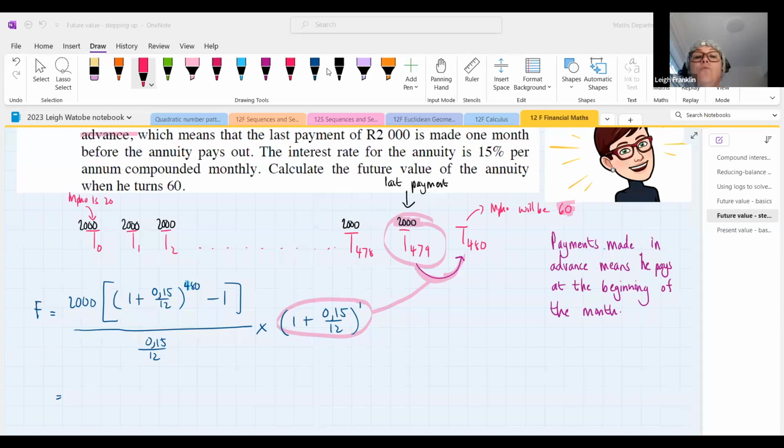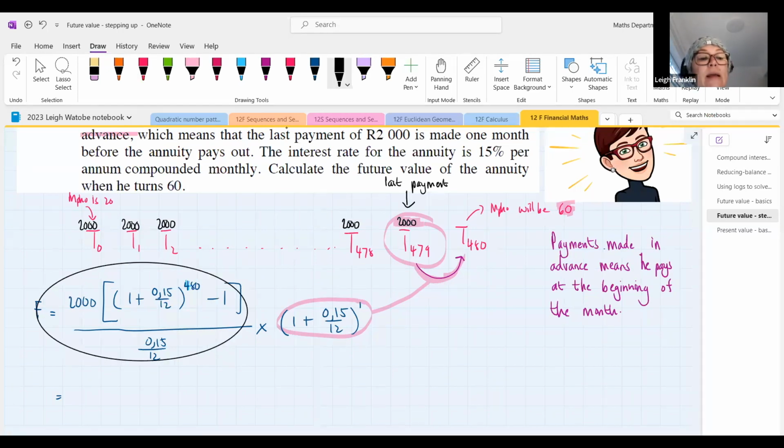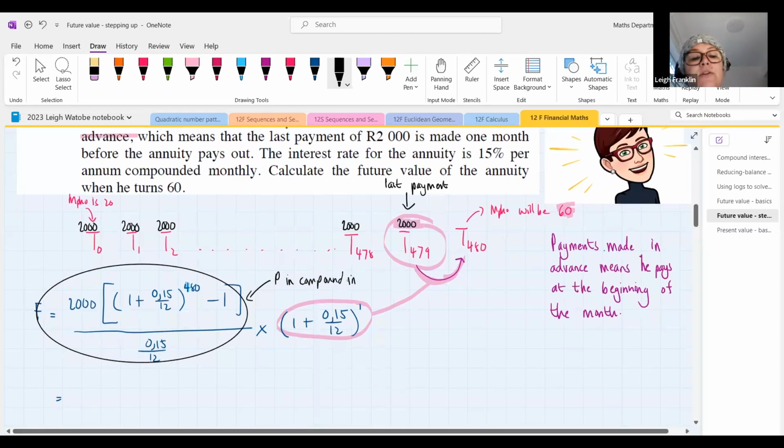So in other words, this is your P value here. So the future value formula, Lesejo, is the P in the compound interest. Does that make sense to you? Your future value is the P that's going into compound interest.